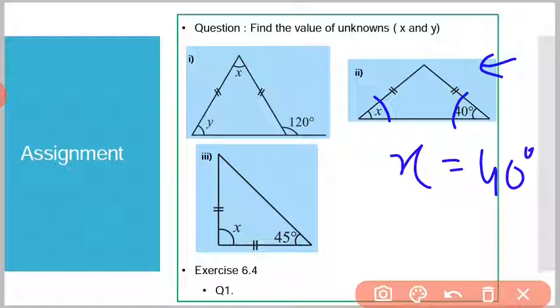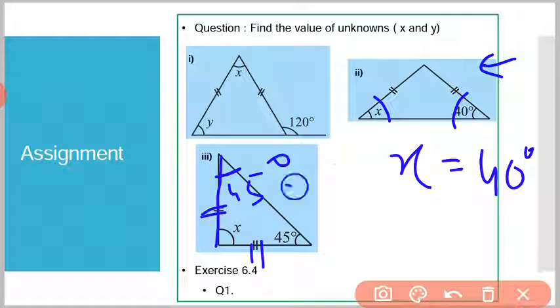Similarly, in this question we have an isosceles triangle. These two sides are equal, and the angle opposite to this side is this, and 45 degree is opposite to this side. So therefore this angle will also be equal. Why? Because these are base angles of an isosceles triangle.